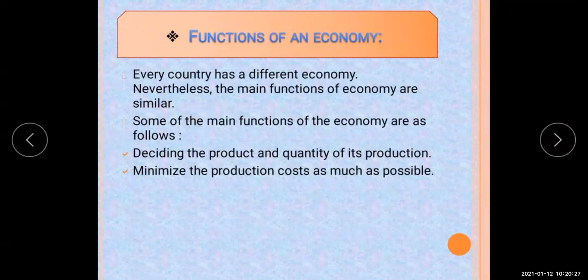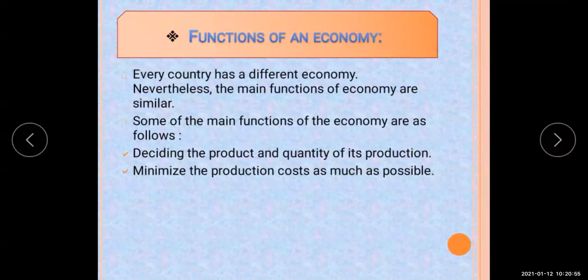The first main function of the economy, here on your screen, is deciding the product and quantity of its production. Now everyone, let's think that you are the owner of a small scale industry or enterprise. You have to think in that way, only then will we be able to understand the functions of an economy.